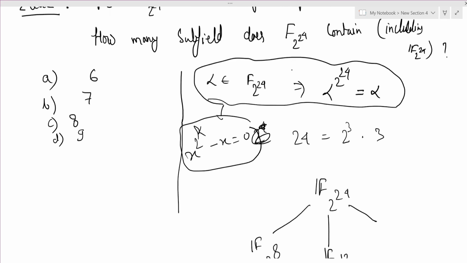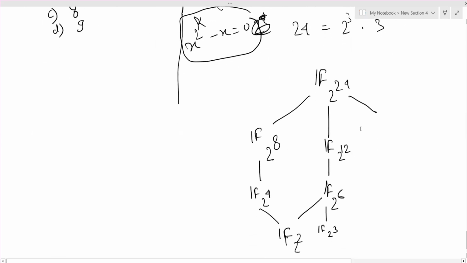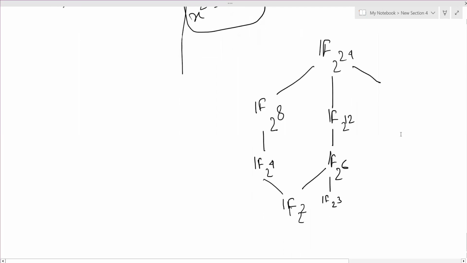So I include all possibilities of k dividing 24: 8 divides 24, 12 divides 24, 4 divides 8 and 12, 6 divides 12, 3 divides 6, 2 divides 4 and 6. So these are all the possibilities.